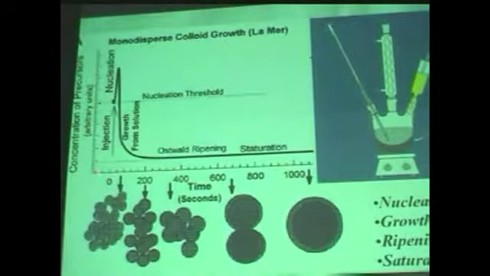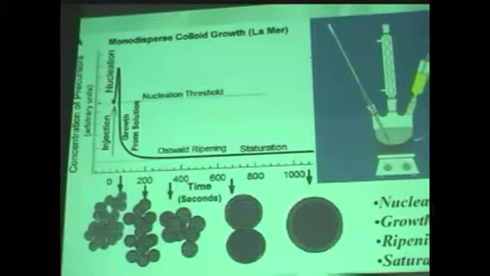This graph illustrates the presence of those four mechanisms, showing the variation of the precursor's concentration as a function of time. The precursors may be a molecular precursor, a nanometallic precursor, or just metal salts.